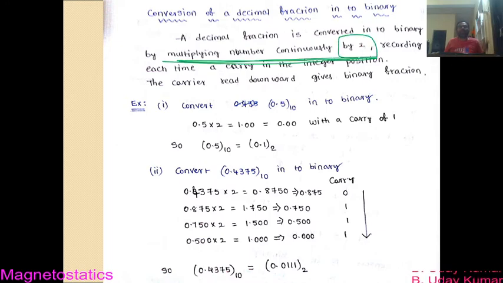So after multiplying it with 2, on each step you have to write the carry in the integer position, or you have to write the carry on its side after multiplying that fraction with 2, whatever the carry that you get. Carry is known to you, right? I hope you know what is carry. For example, forget about binary for a second.